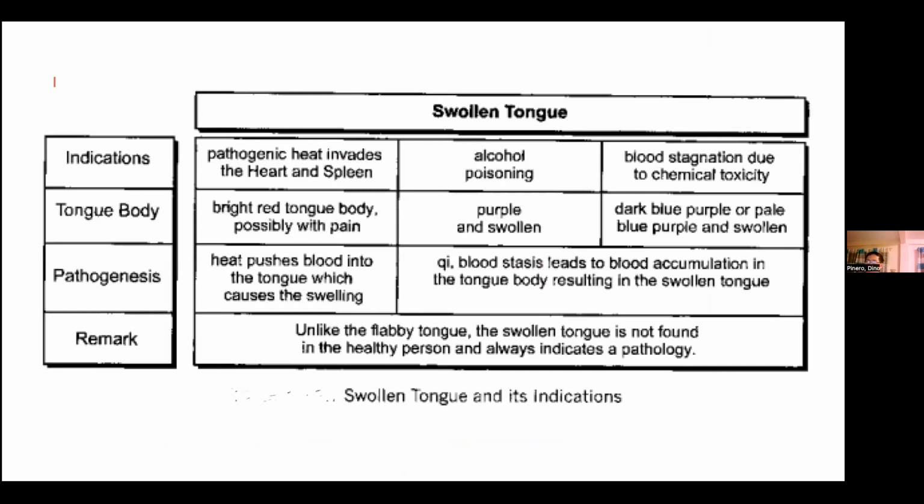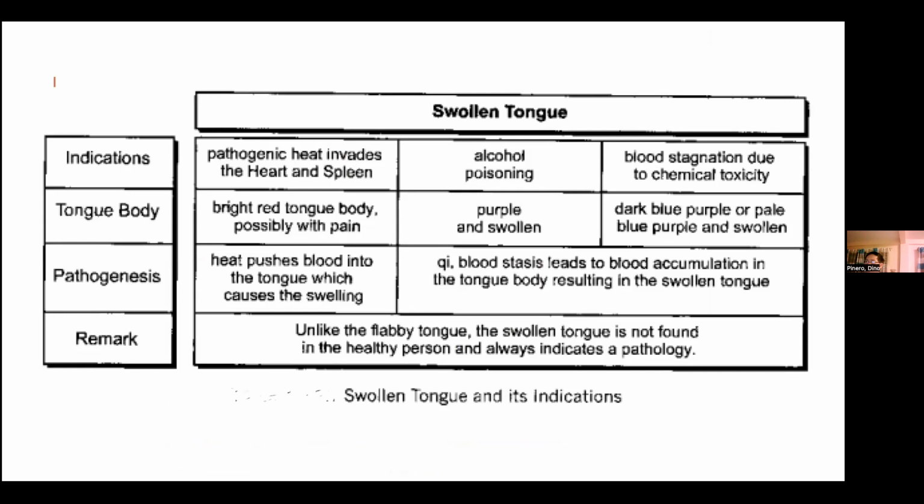So sa swollen tongue, we have indication, pathogenic heat invades the heart and spleen. So ang tongue body has a bright red tongue body, possibly with pain. Ang pathogenesis niya, there is heat, which pushes blood into the tongue, which causes the swelling. Next, we have alcohol poisoning, which has a tongue body that is purple and swollen.